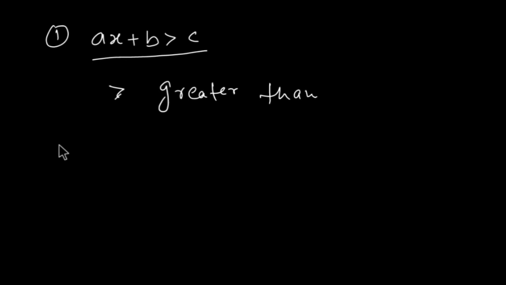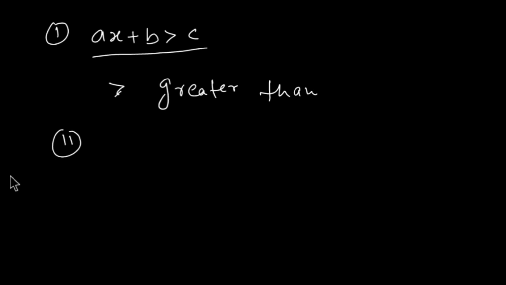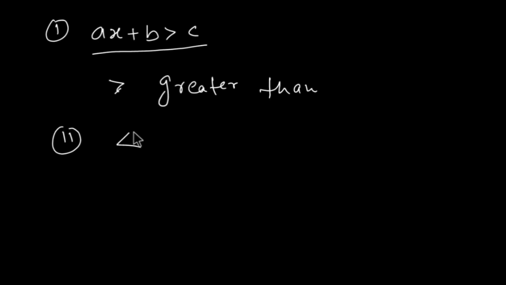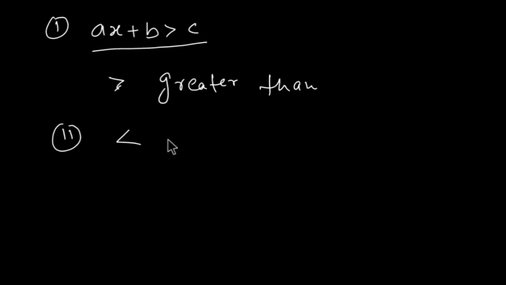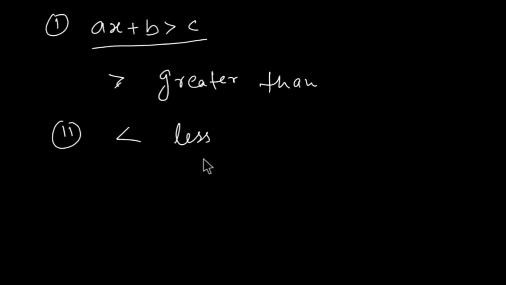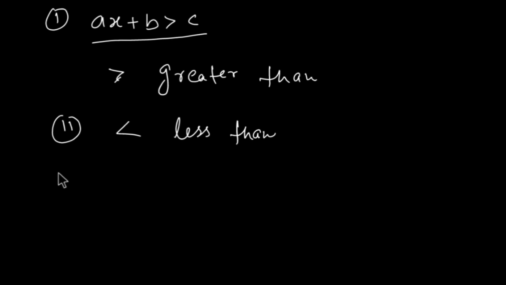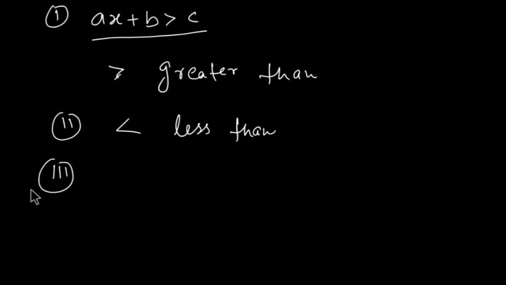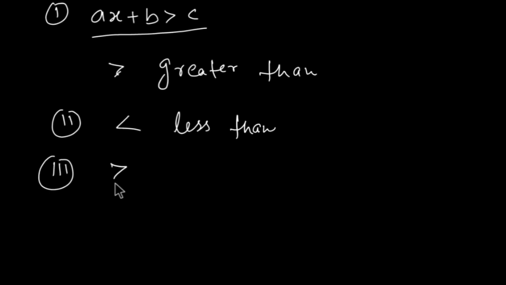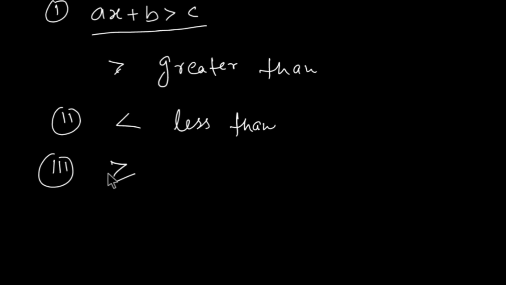Okay, then the second is this. This is the symbol for less than. Okay, and the third is this, greater than or equal to.